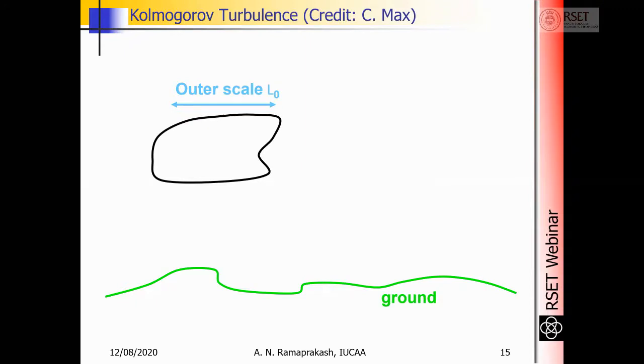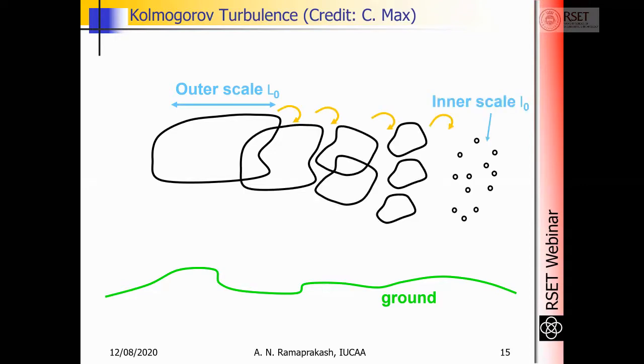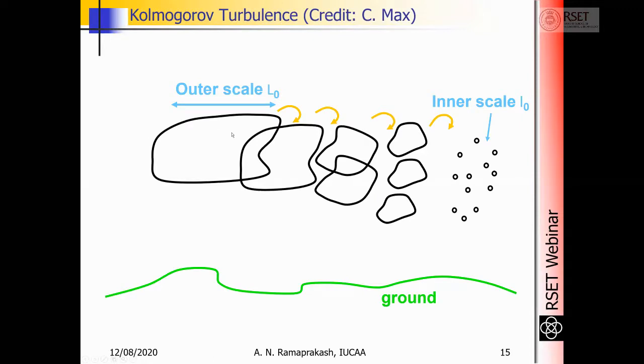Now, the main problem is it's not just that the atmosphere changes, there is structure in the atmosphere at all scales. There is a structure introduced by the overall heating of the atmosphere by the sun or the ground radiation, etc., and the wind and large patterns.